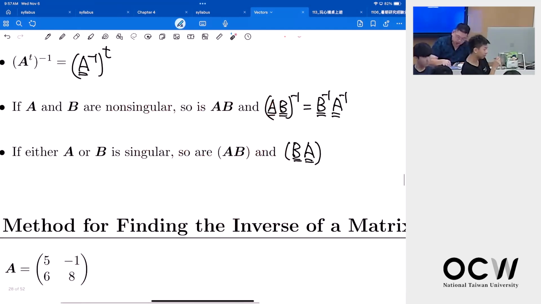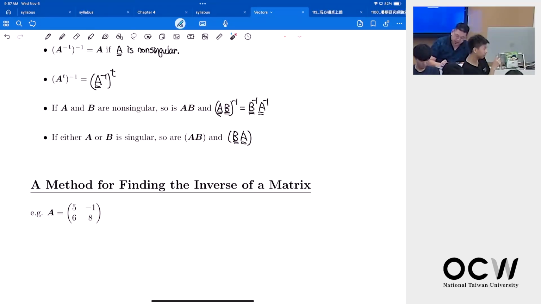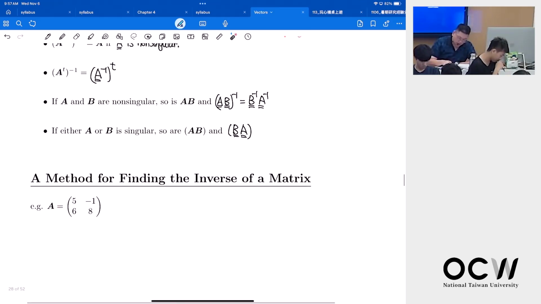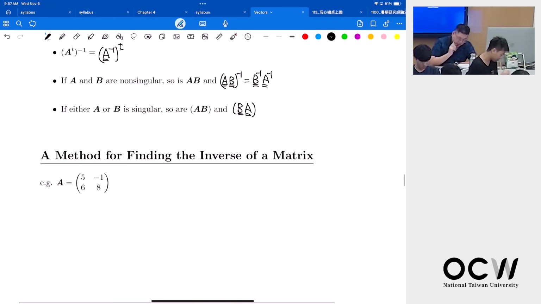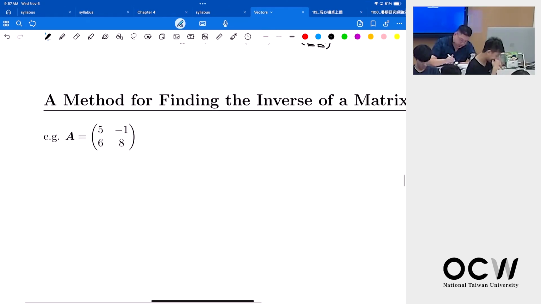So here is the method for finding the inverse of a matrix. If I have matrix A, how can I find the inverse? We can use the identity matrix. First, let's put the identity matrix and matrix A together to form an augmented matrix.